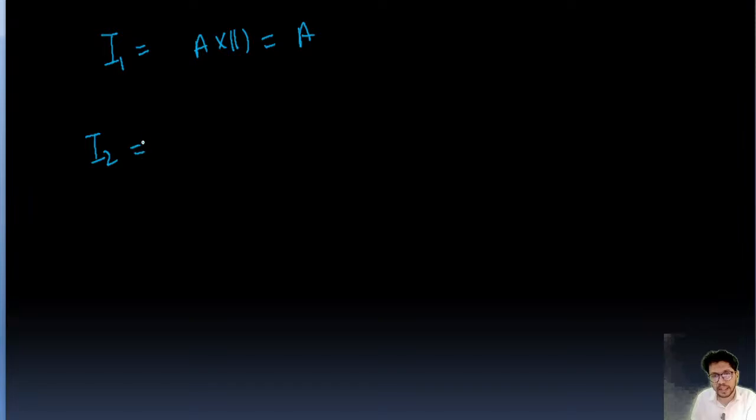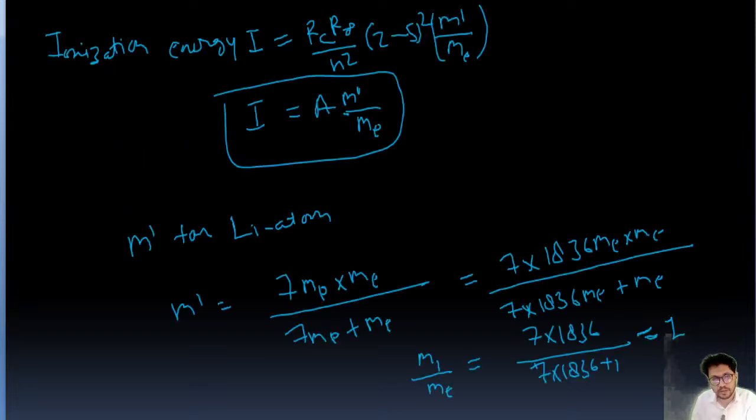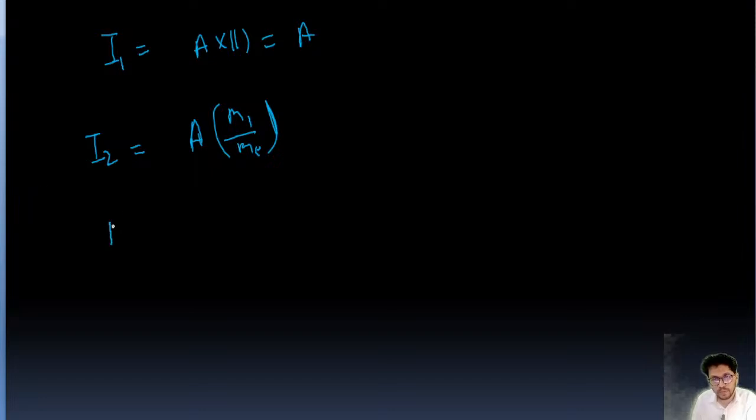Similarly, I2, the ionization energy for the muonic lithium, is going to be A into M dash upon Me, because the ionization formula is this. So now we'll find the value of M dash, the reduced mass, where in lithium a muon is there instead of the electron.